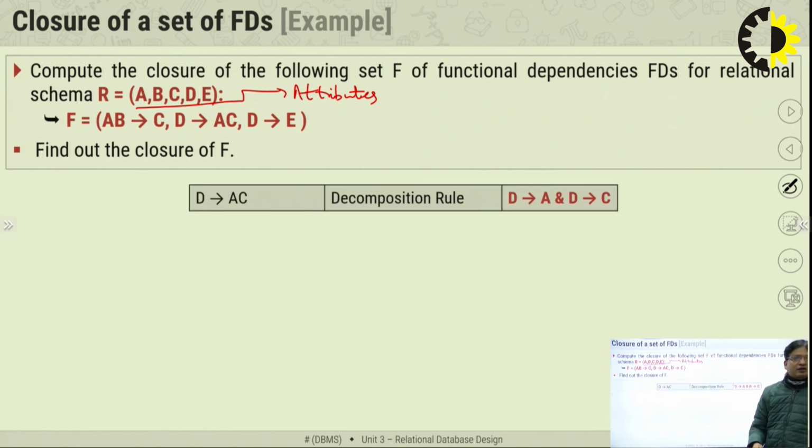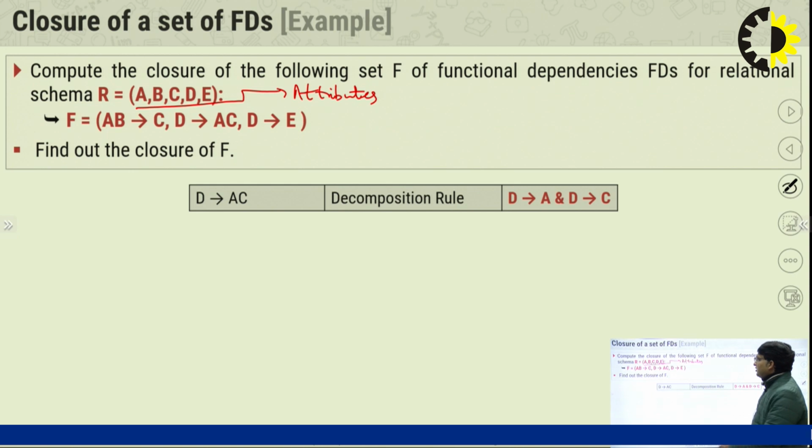Now we have to find out F plus, that is, what new FDs we can derive. First is D determines AC. How can we say that D determines A and D determines C? Using which rule? Using the decomposition rule.